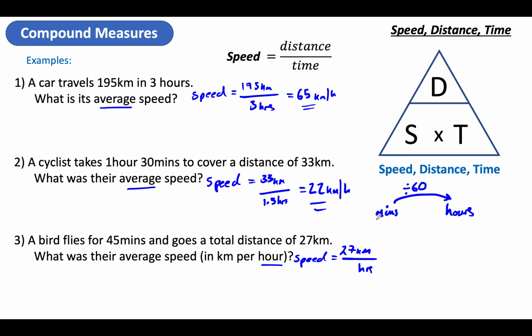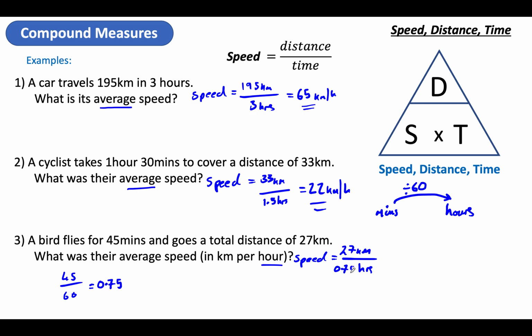If I had 60 minutes and divided it by 60, that would give the answer of 1 hour. So it makes sense, yeah? If I was coming back the other way, I would times, but I don't need to do that at the moment. So let's divide 45 minutes by 60. When I do that on the calculator, I find that I've got 3/4. That makes sense because 45 minutes is 3/4 of an hour, which is 0.75.